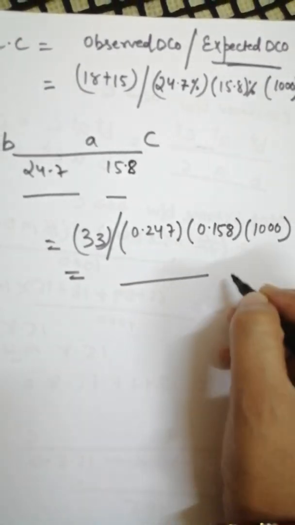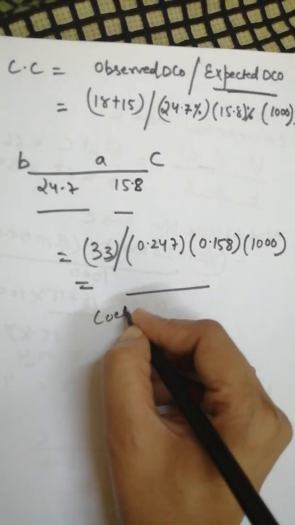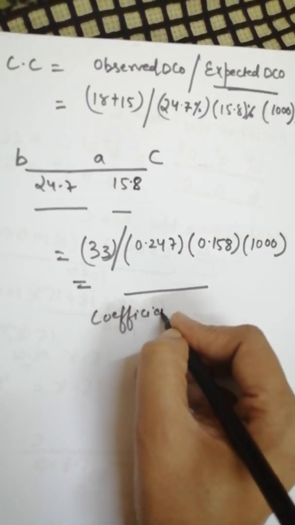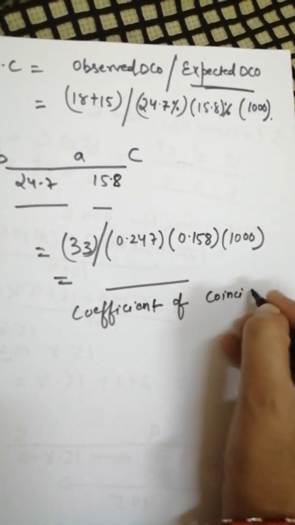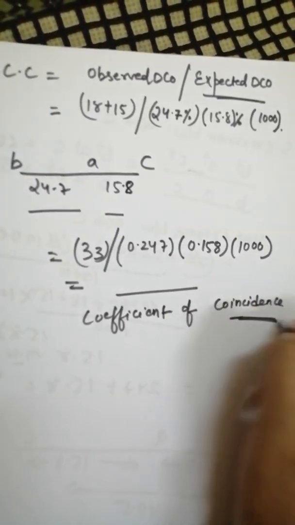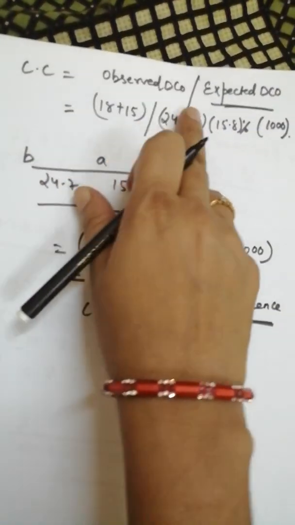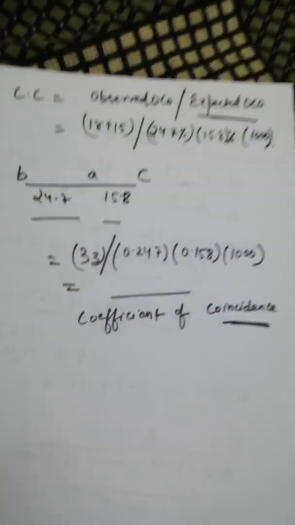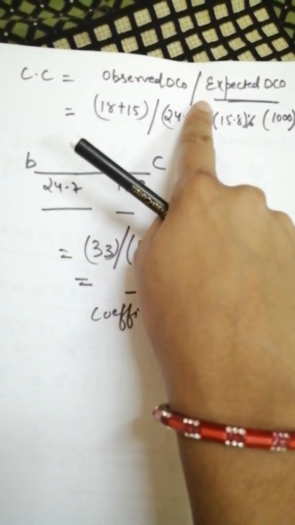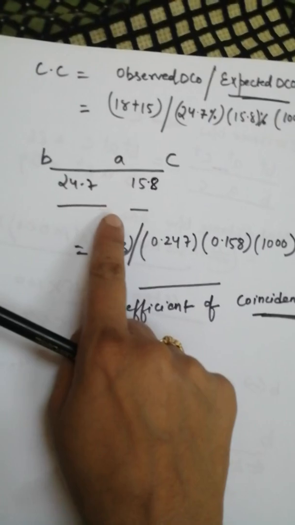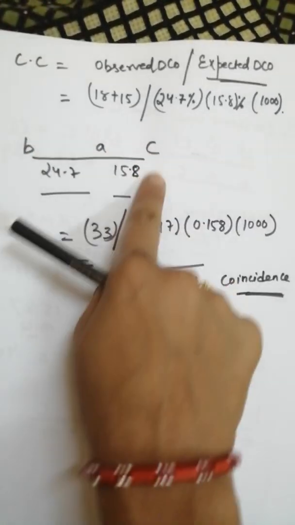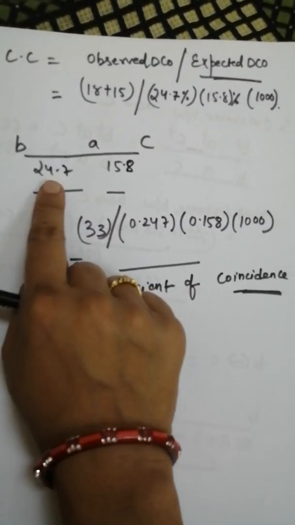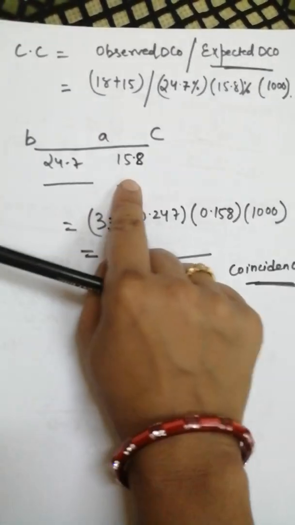Then by solving this, we can find the coefficient of coincidence. The formula is observed double crossover upon expected double crossover. Observed double crossover value we can find from the data, which is 18 plus 15, and expected double crossover we can find from this gene map and the map distances we have calculated, 24.7 and 15.8.